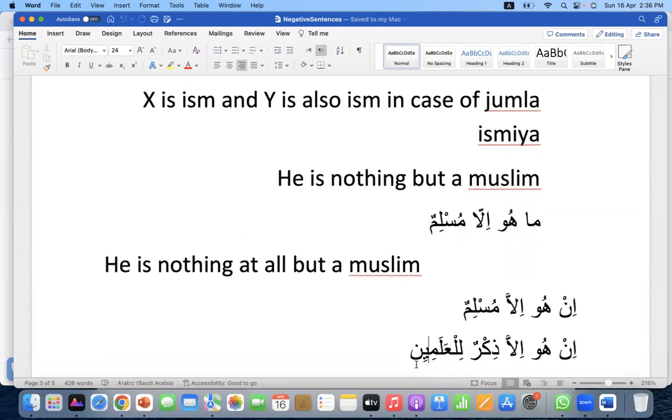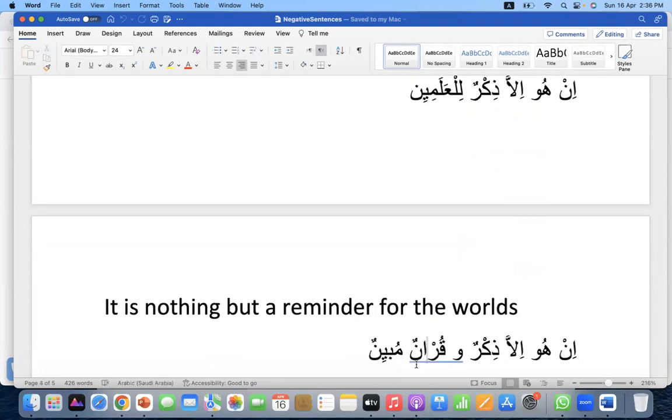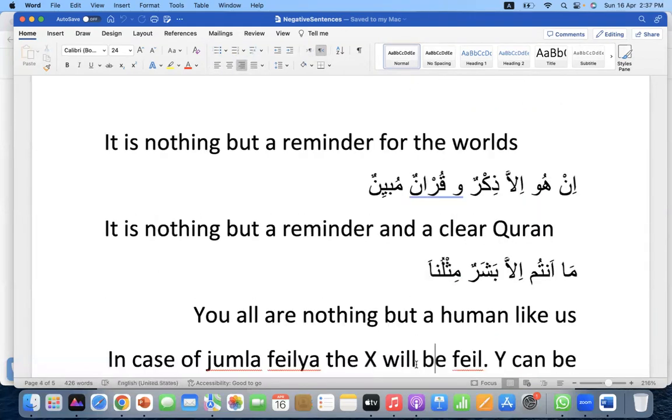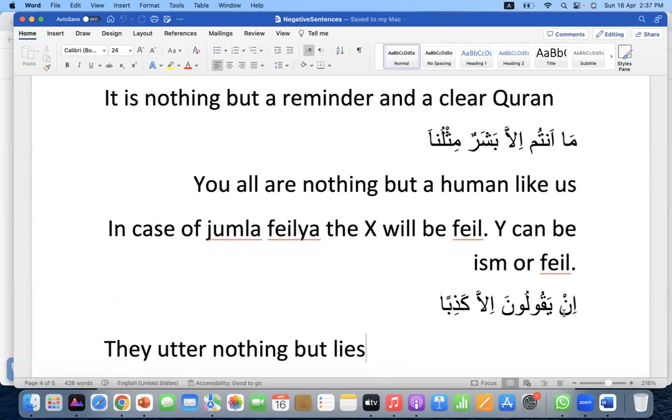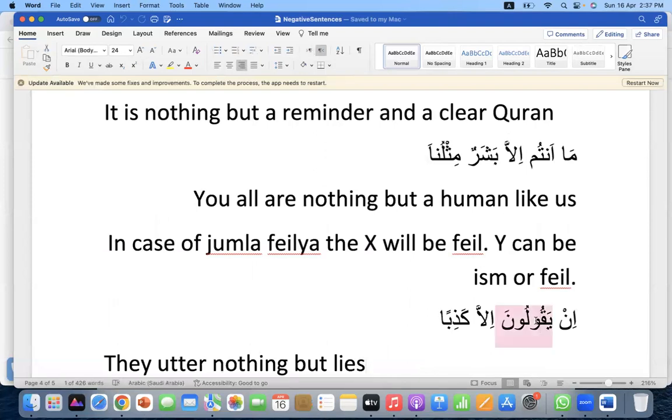In case of jumla fi'liyya, you'll say like this: in yaqulun illa kadhiba, or ma yaqulun illa kadhiba, doesn't matter. They say nothing but a lie. Correct? So we have learned these things.